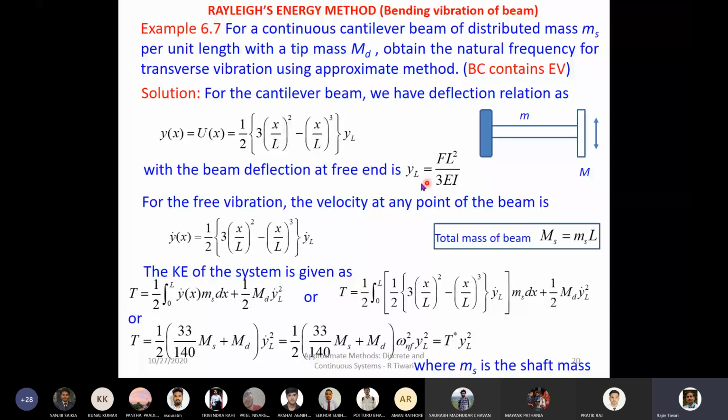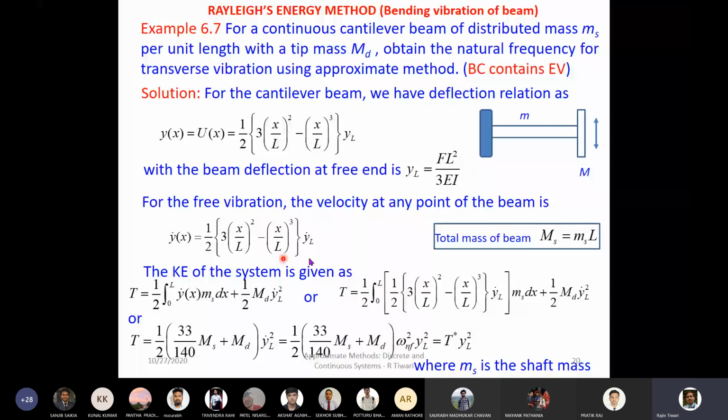We know the relationship. This should be L cube. So for this relationship, the free end deflection will be UL, given like this. Now, if we take the velocity, the derivative will be there like this.